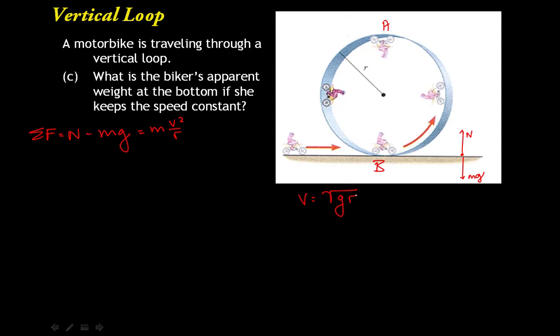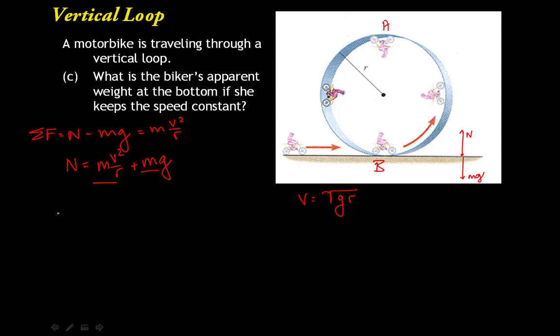So we can sub that in for v in our equation, and it asks what the normal force is, so we can solve for the normal force. We get the normal force equals mv squared over r plus the gravity force. Again, at the bottom, the track itself is holding up the rider, so it's applying a force equal to the gravity force, but it's also providing an acceleration, making the rider turn up the track and stay in the circle. So it's doing both of these.